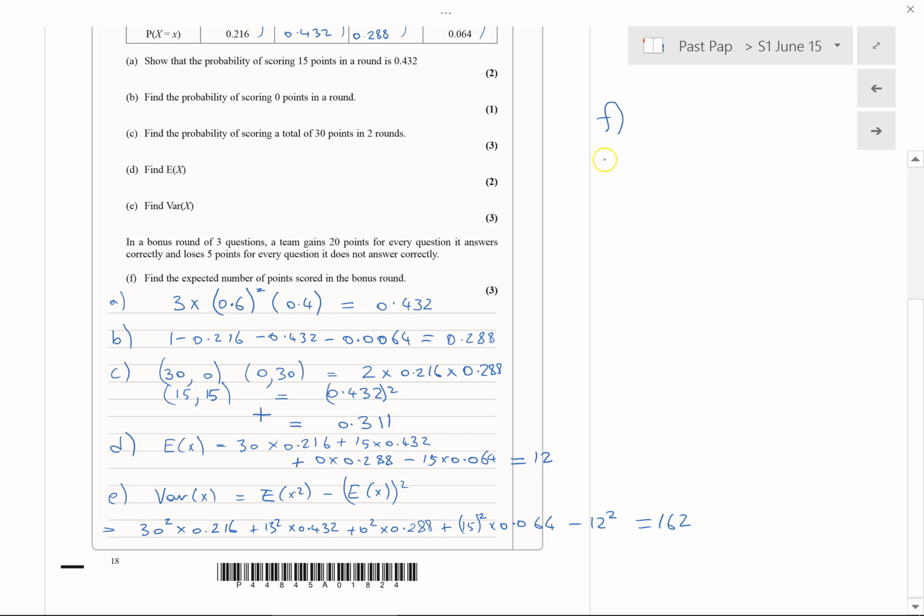So of course it could be, let's call it Y, you could get a 60 if all 3 are answered correctly. If 2 are answered correctly but 1 incorrectly, that would be 40, take away the 5, so that's 35. If only 1 is answered correctly, that would be 20, take away 2 times 5, so that would be 10. And of course, if all 3 are answered incorrectly, that would be minus 15.